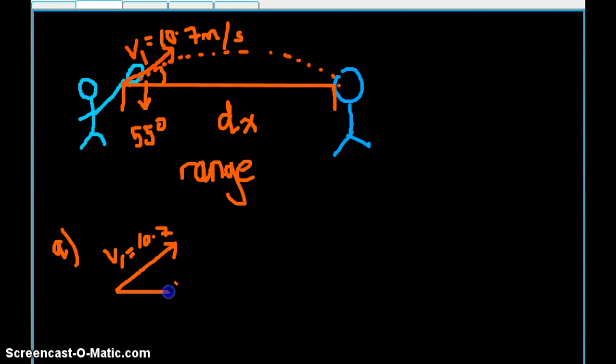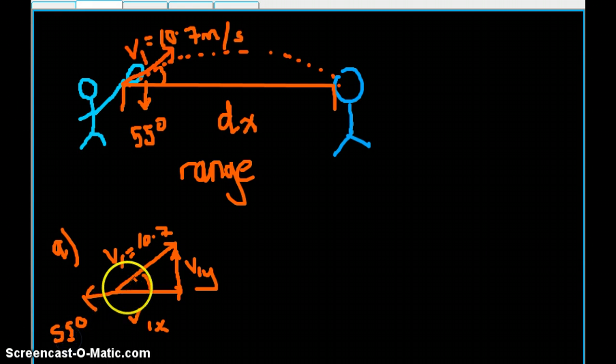And then I have an x component and a y component. So this one would be v1y, and this one would be v1x. And again, this angle right here is 55 degrees. I really should be writing the angle inside the triangle, but I guess my diagram's a little bit too small for that.